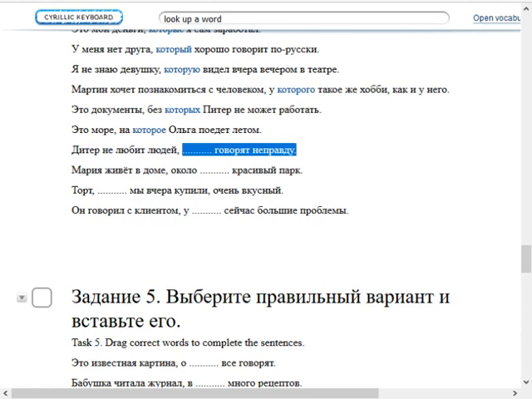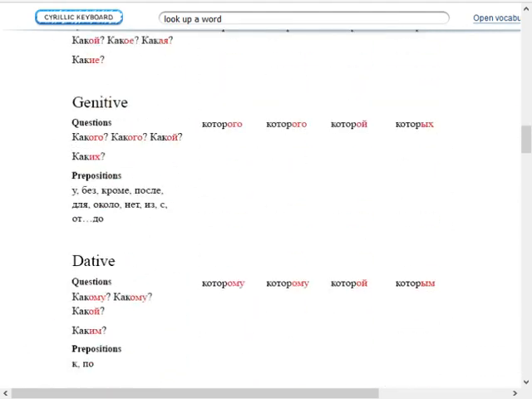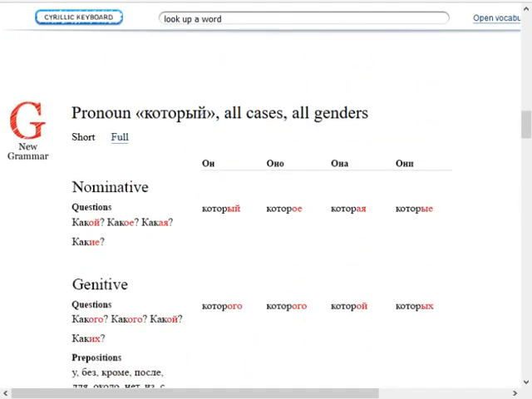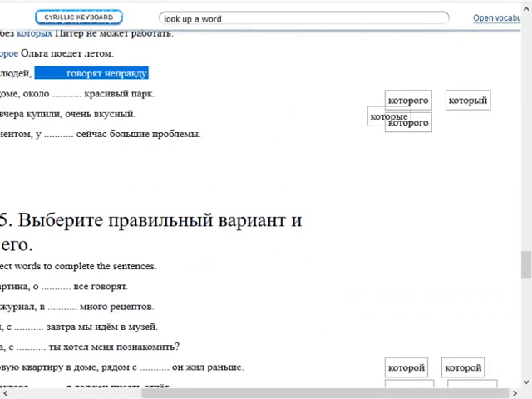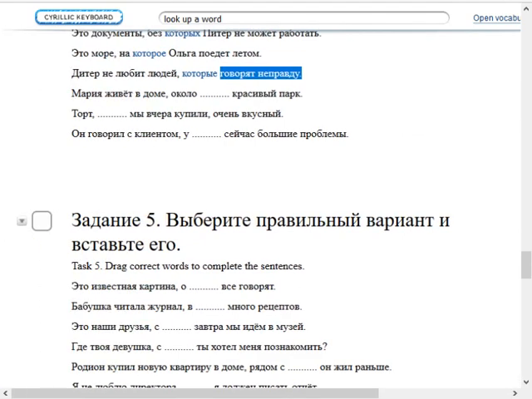So this should be plural nominative, which gives us которые. Is that correct? I believe that is correct.